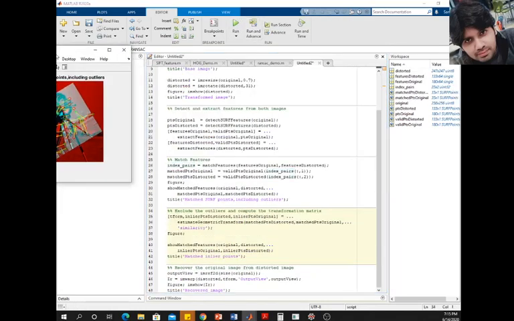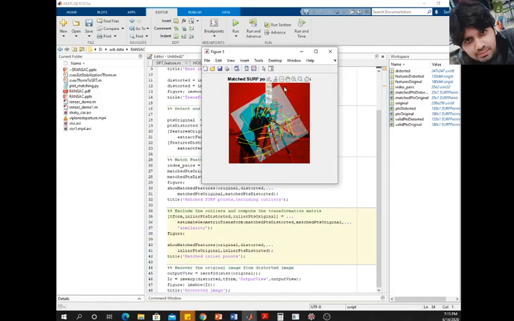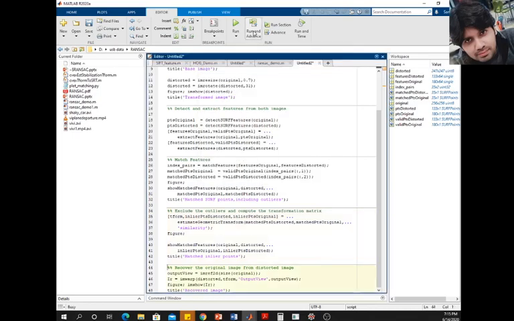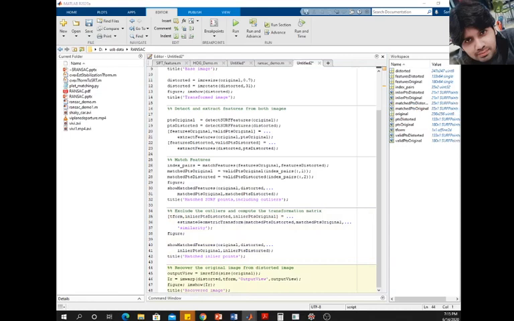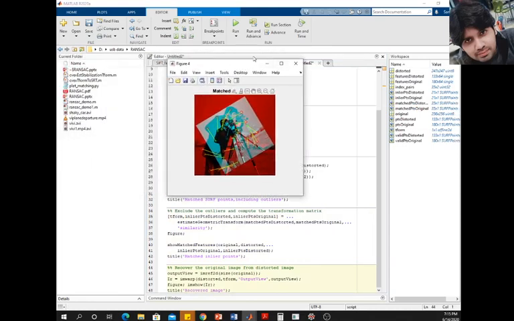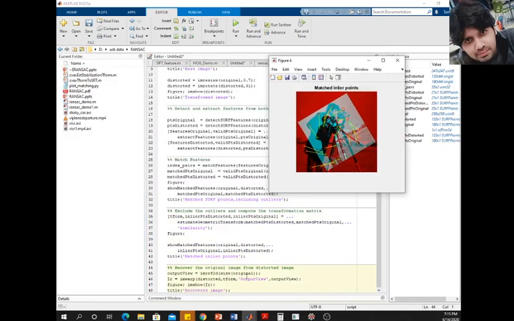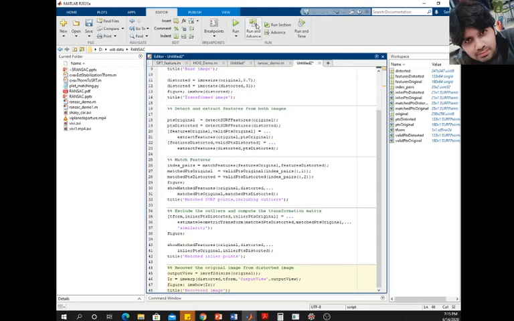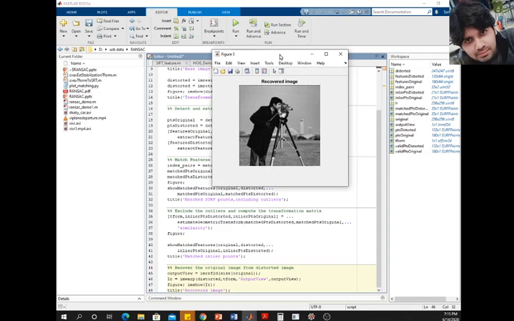Now you can see that we have matched the SURF points and the outliers. Now we'll use this estimate geometric transform here, which is the RANSAC one. So what we get is we get only the inlier points. Once we get the inlier points, we recover the original image from the distorted image, which looks like this.